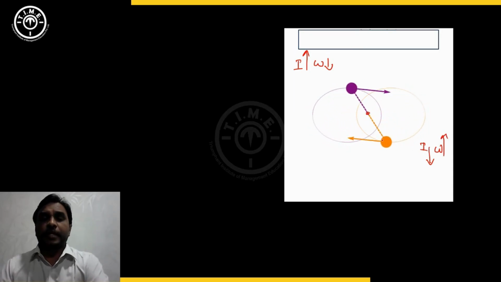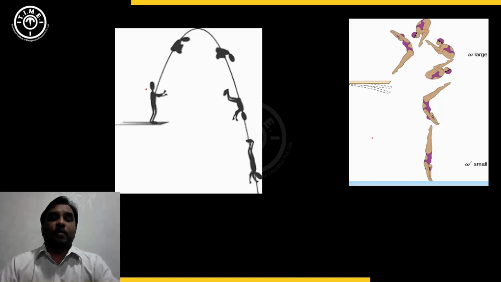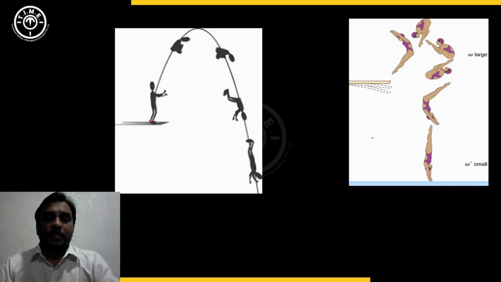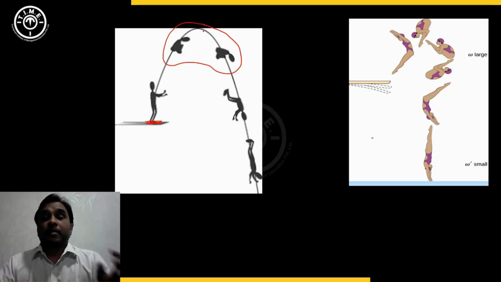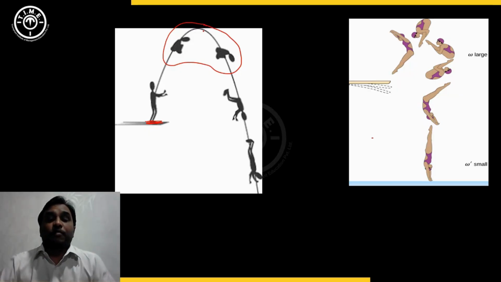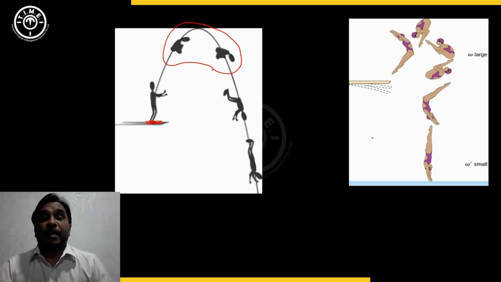And you might have seen the same kind of application. This is one of the best examples to understand conservation of angular momentum. Suppose a person is diving into the pool from a diving board. Before diving, he stretches the hands, but in mid-air, in this case, he folds his body towards the axis of rotation to make more rotations.